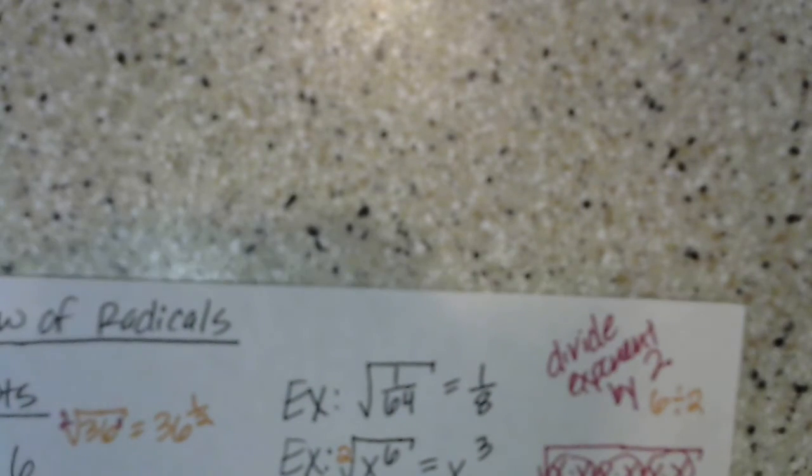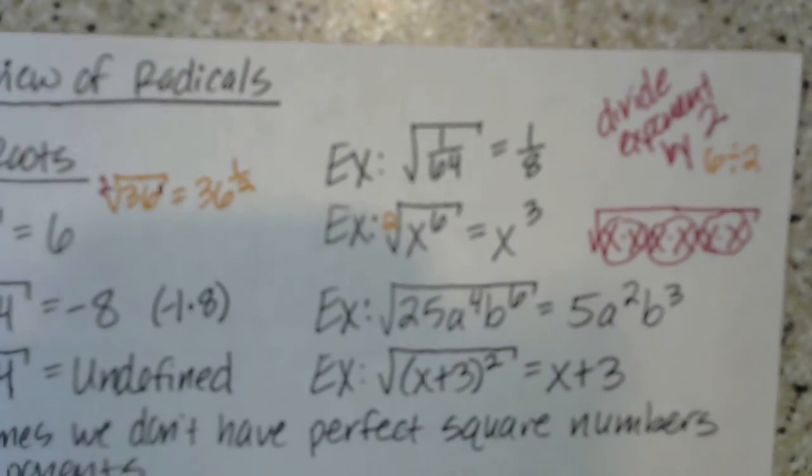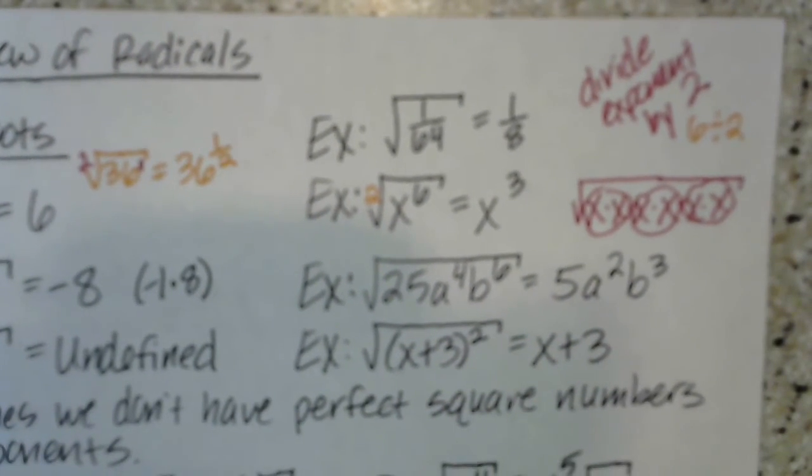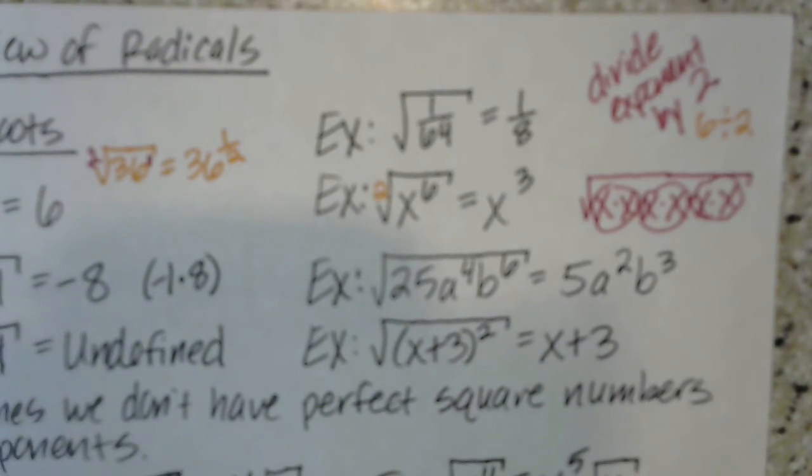You can do exponents with square roots, as long as you divide by 2. If it's a square root, I'm going to divide any exponent by 2. 6 divided by 2 is 3. If it divides evenly, you don't have an exponent in your answer anymore.